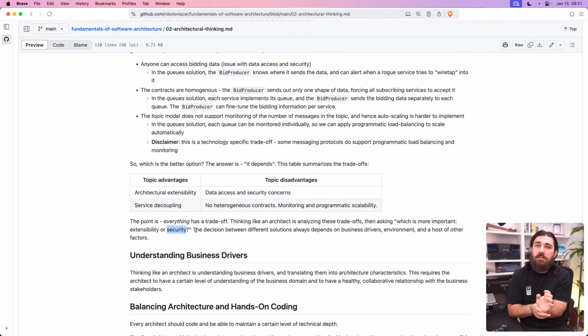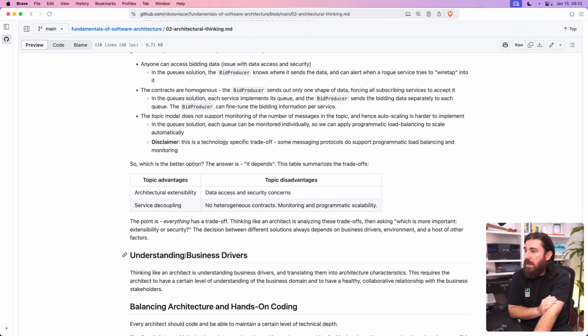If the application is not that type, like social media, just tweeting 280 character tweets, not really full of sensitive information, the data is pretty much public, then go for extensibility because it's going to be better and the team is going to implement it much faster, right?